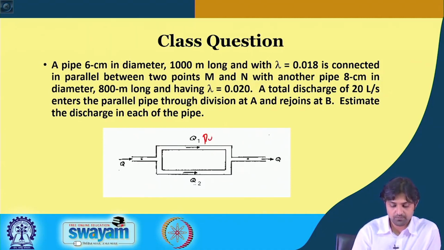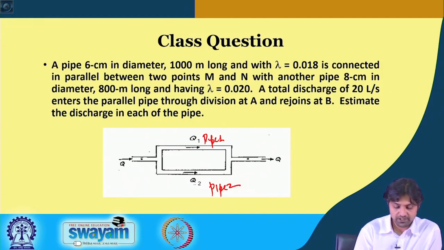So this is pipe 1 and this is pipe 2, between 2 points M and N. This other pipe is 8 centimeter in diameter and 800 meter long, and has a lambda of 0.020.